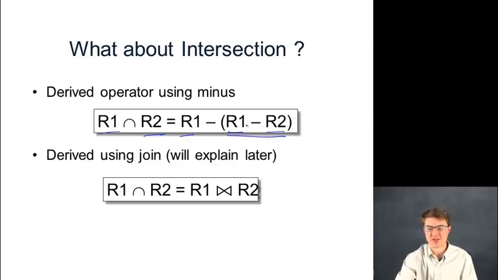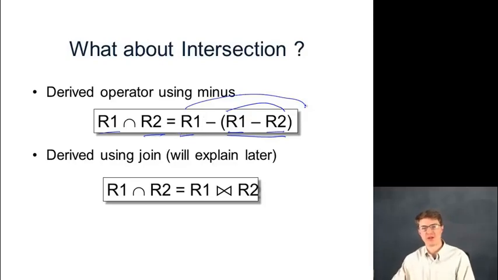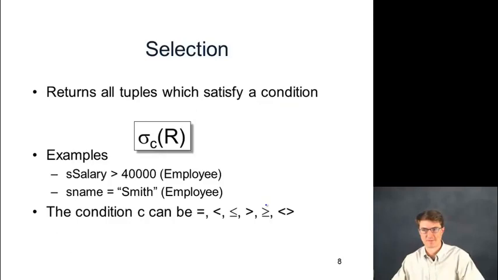If you think about this for a second, this expression returns everything that is only in R1, and then this expression overall removes everything that is only in R1, leaving things that are both in R1 and R2. And so that's what intersection is. We'll touch on this later, but you can also express intersection in terms of join, which is an operator we haven't defined yet.